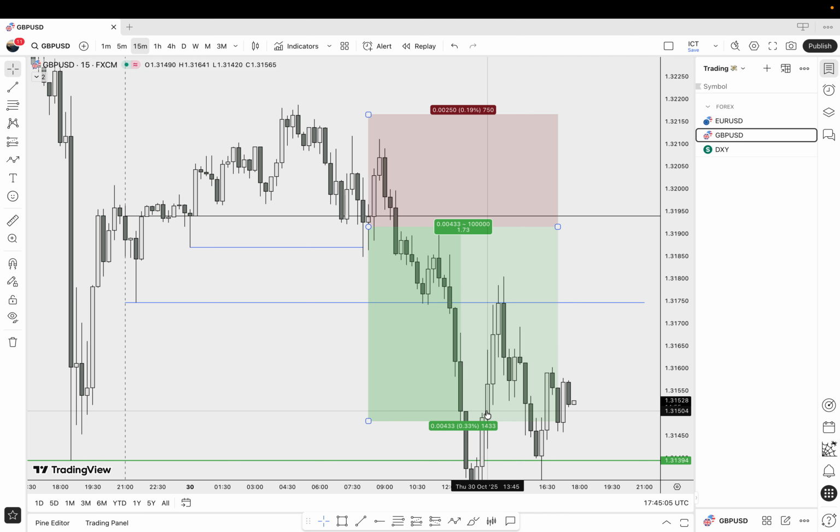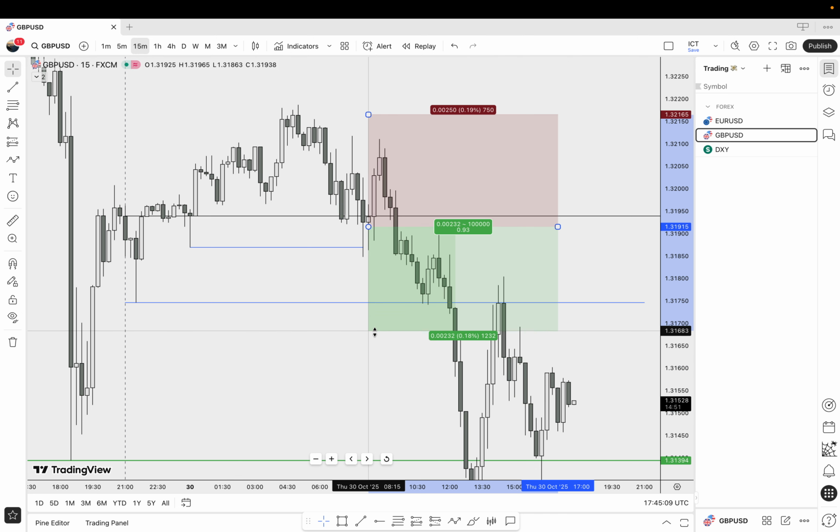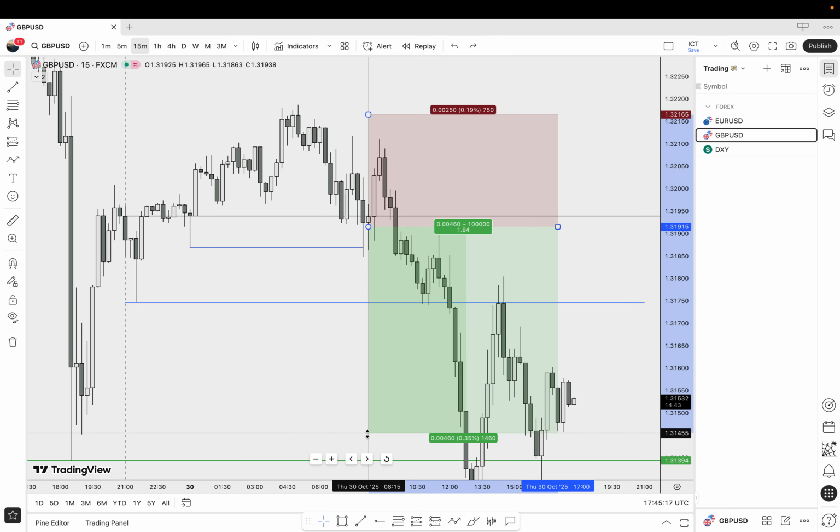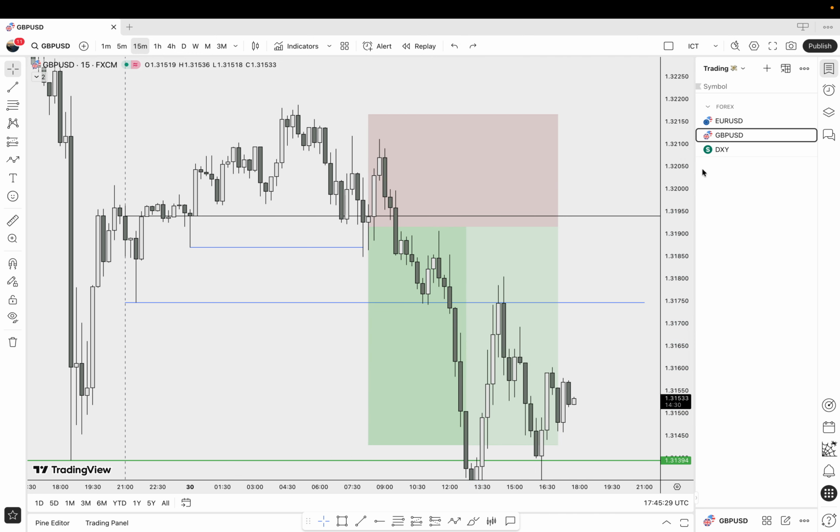It's only 1 to 1, so we only need this to pass the count, which is not even that hard. So I just decided to close it. If I had left it until here, then we would only need something like this, but still the difference from this to this is not that much. So I just decided to close it, and this was a nice trade overall.